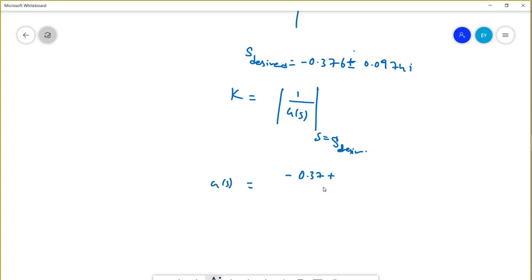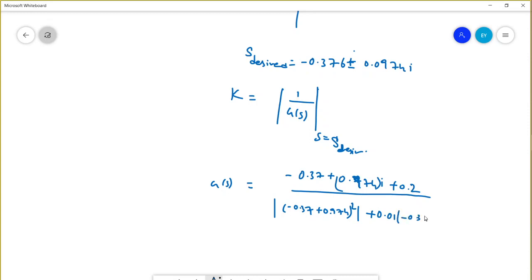Wherever s is there, you substitute that. Since s plus 0.2 is there, it becomes 0.37 plus 0.974 i plus 0.2, divided by the magnitude of minus 3.7 plus 0.974 i squared, plus 0.01 into the magnitude of 0.37 plus 0.974 i plus 0.025. That is nothing but the g of s.